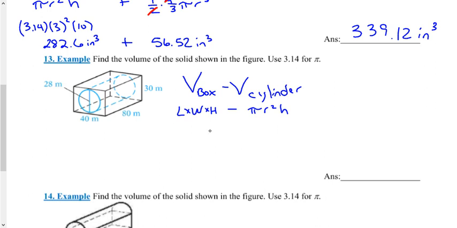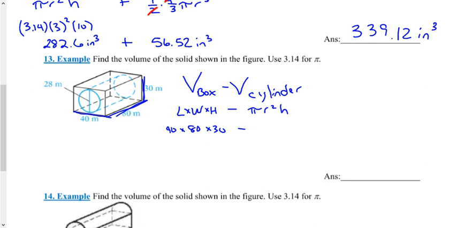Okay, so let's get busy. We've got 40 by 80 by 30, it looks like. Okay, so that will be our length, width, and height here. 40 by 80 by 30. That's the volume of the box. And then the cylinder, notice that it gives us this right here.